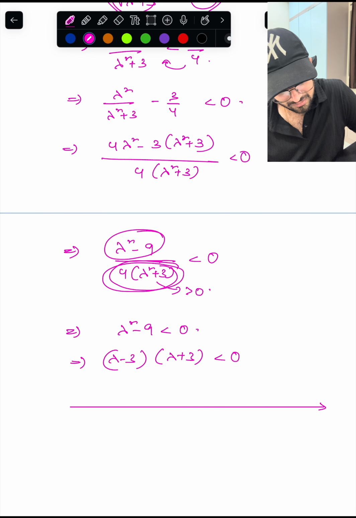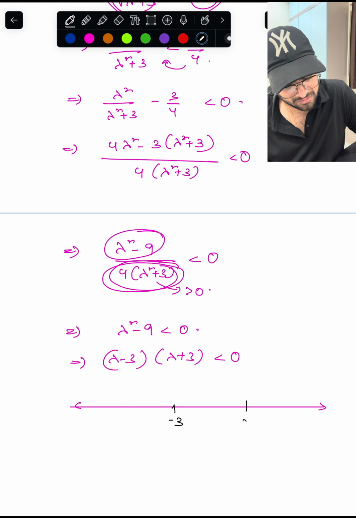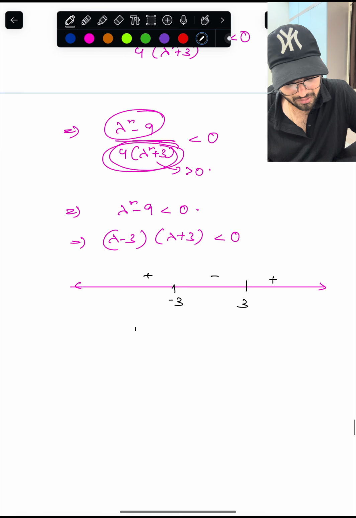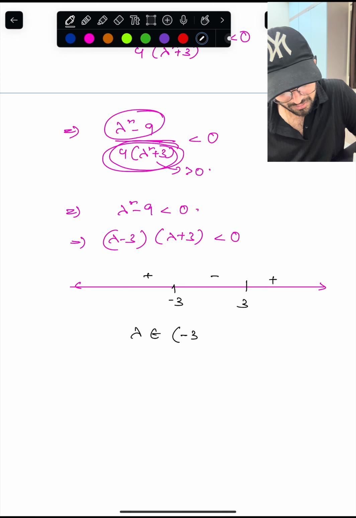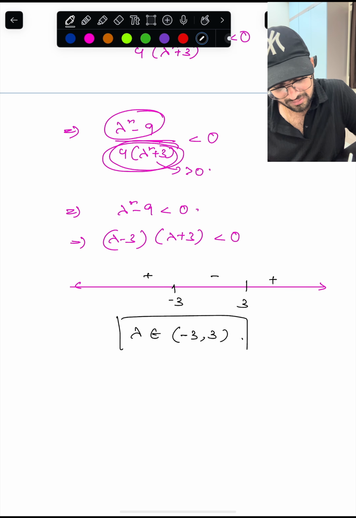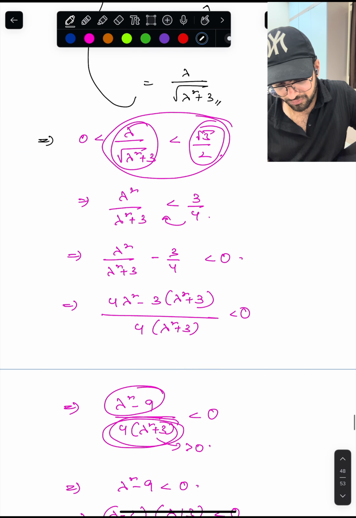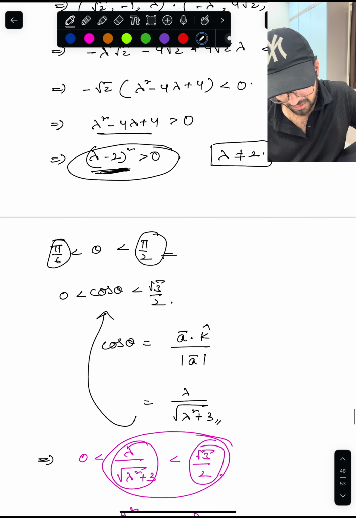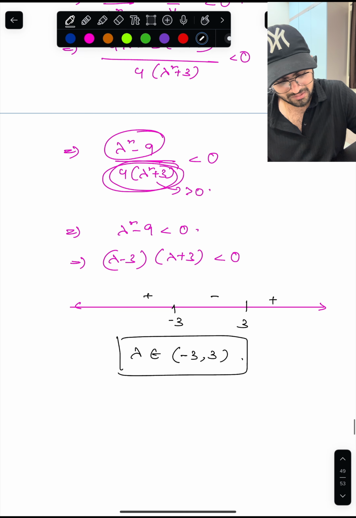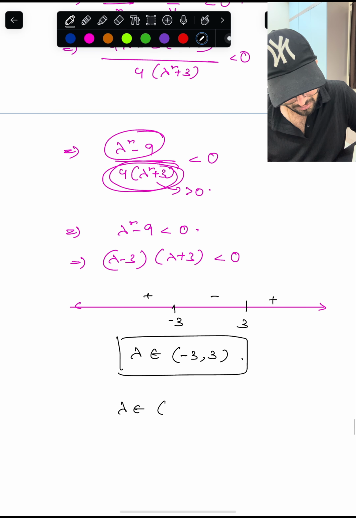So that means you draw the x-axis, follow the wavy curve method. So it is minus 3, plus 3, positive, negative, positive, right? So lambda belongs to minus 3 to 3, right? And here we got lambda is not equals to 2. So the final answer is lambda belongs to minus 3 to 3 minus 2.